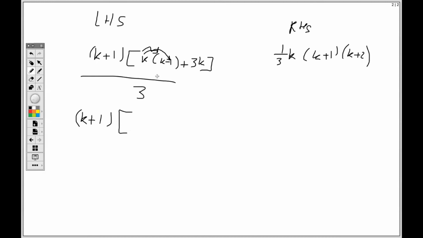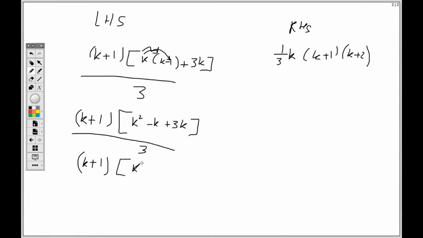I will have k squared minus k plus 3k. Next, I can simplify further. Minus k plus 3k, that's 2k. So my next line, I will have k plus 1 times k squared plus 2k.